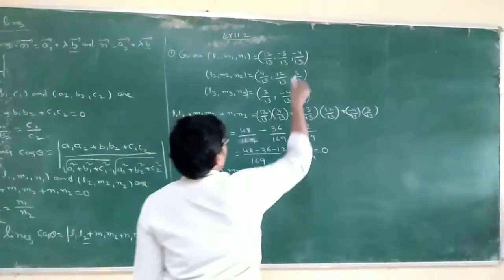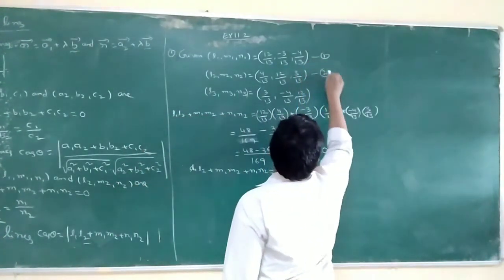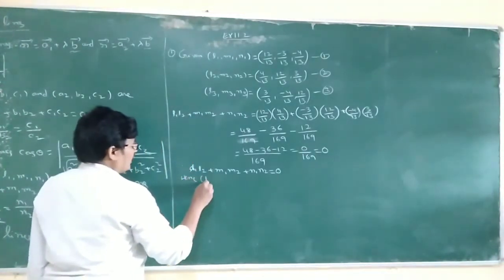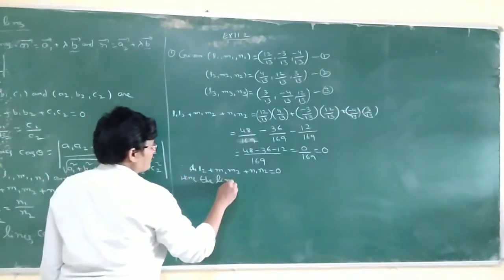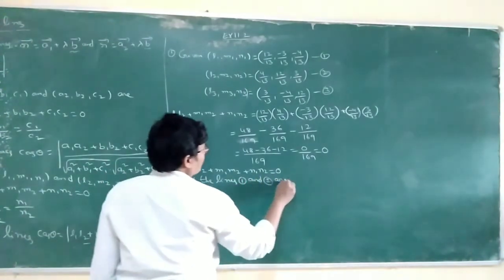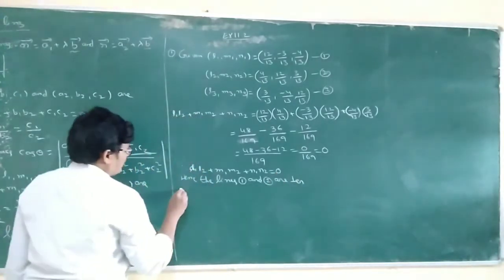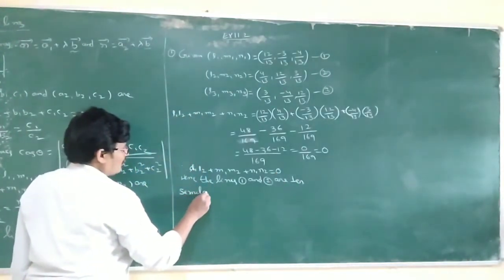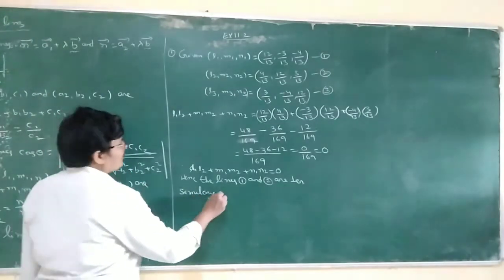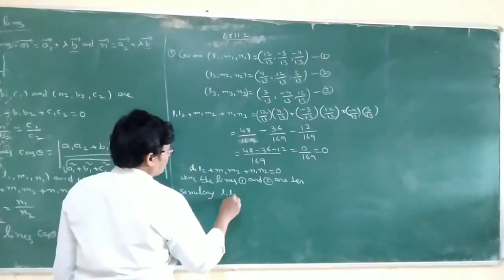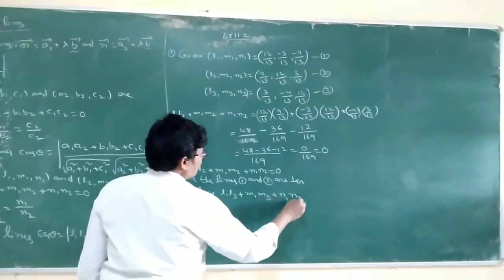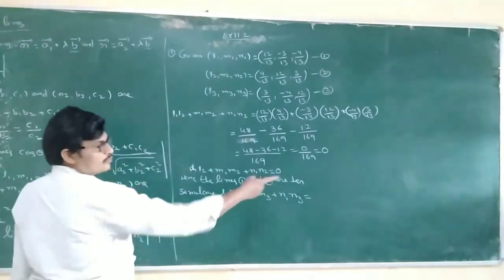So for equation number 1 and equation number 2, hence the lines 1 and 2 are perpendicular. Similarly, we have to do the next: L1 L3 plus M1 M3 plus N1 N3 is also to be proved 0.